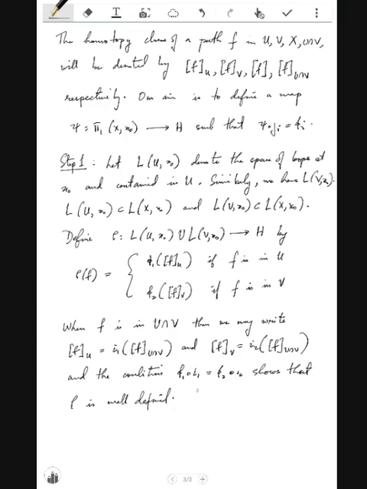So let us observe that rho satisfies the following conditions, all of which are obvious from the definition.